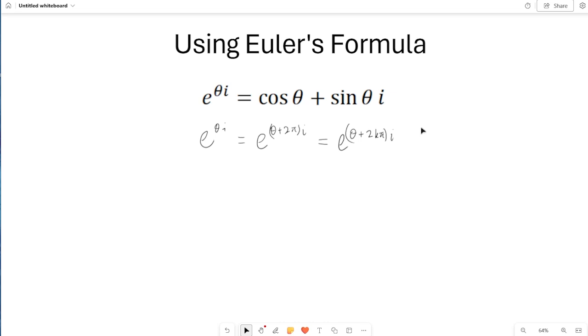If we want to change the length, we need to multiply it by a distance. That's what's called the modulus, because it's simply a multiplier. So r e to the power of theta i is a complex number with the length of r and the angle of theta.